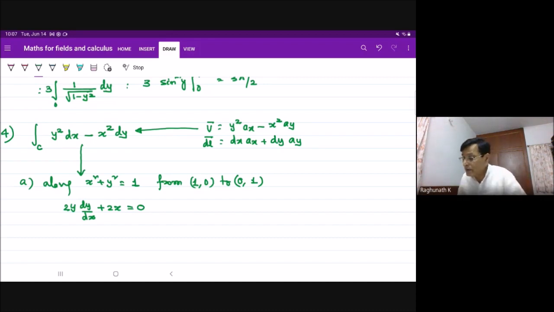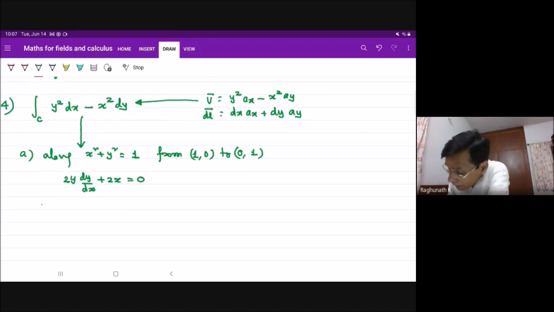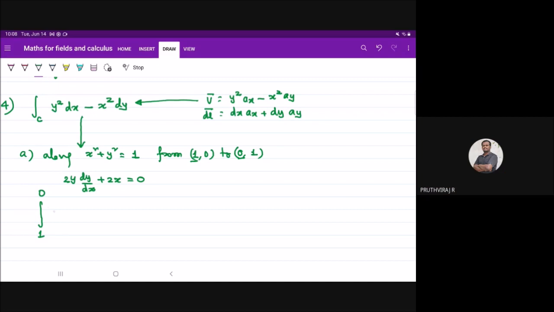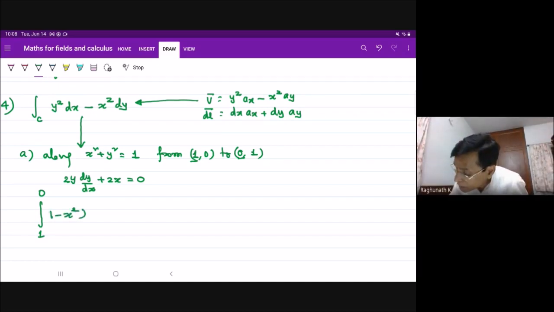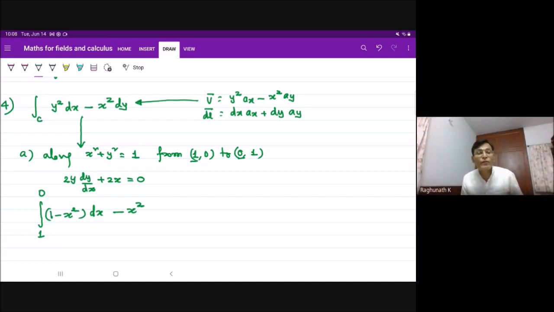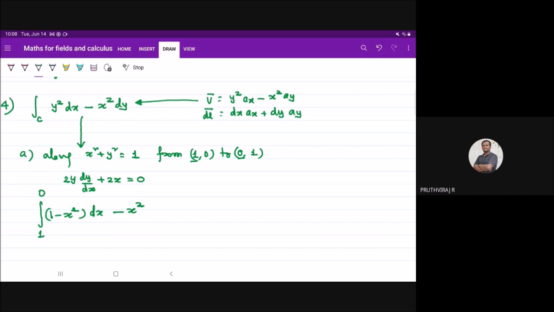What is that I have to do? Integral x is equal to 1 to 0. Y squared is what? 1 minus x squared dx minus x squared dy, which is minus x by y dx. Right.